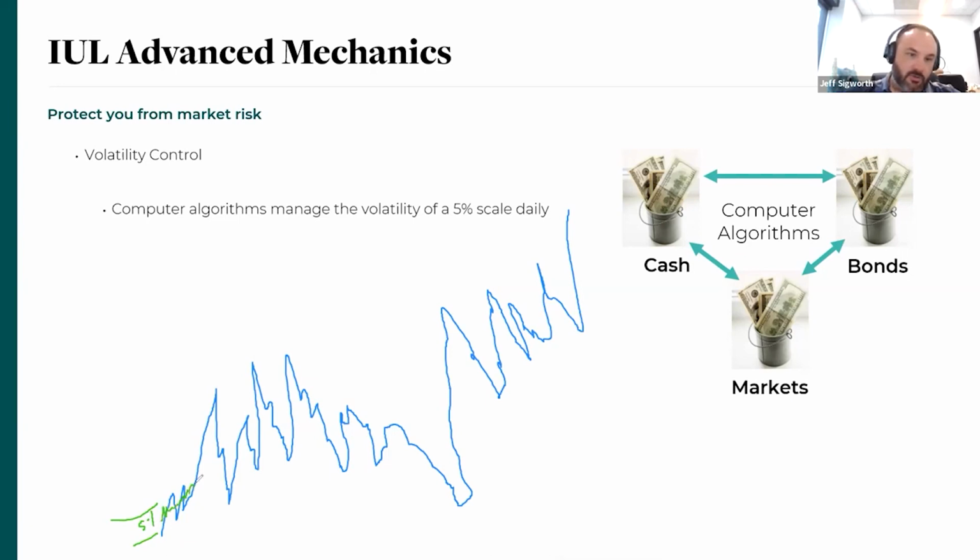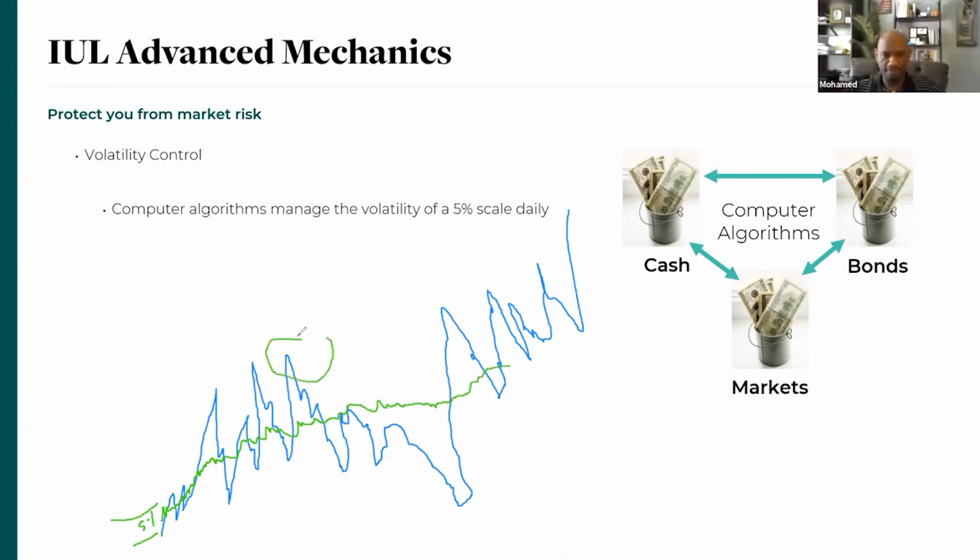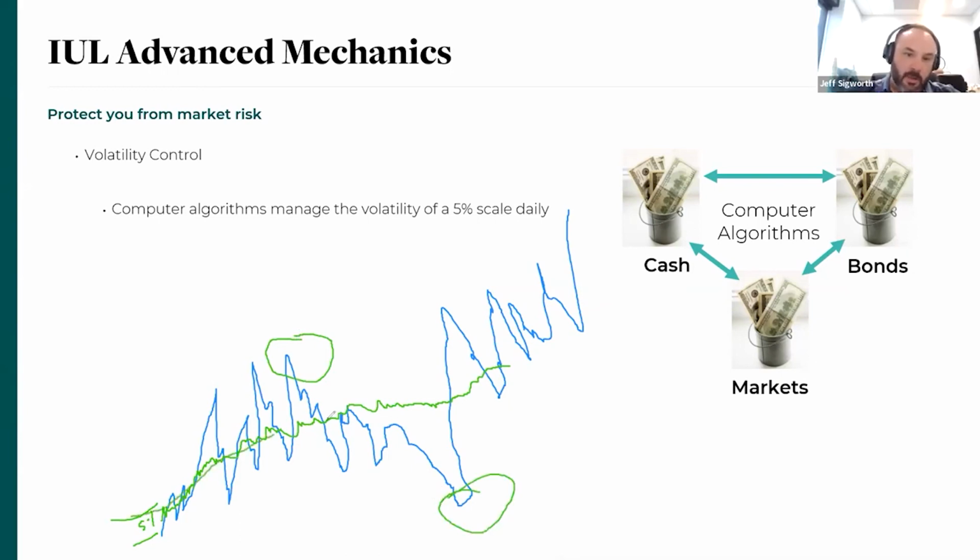And it'll follow the trends of the market, but it might go up a little bit, a flat little line. You'll never find yourself on these big undulations up here or down here. You're going to follow kind of the path, but you're never going to spike up or down.